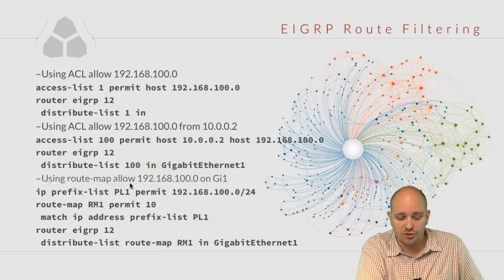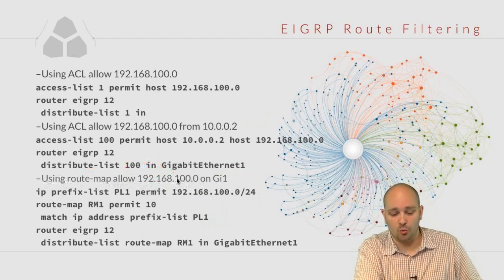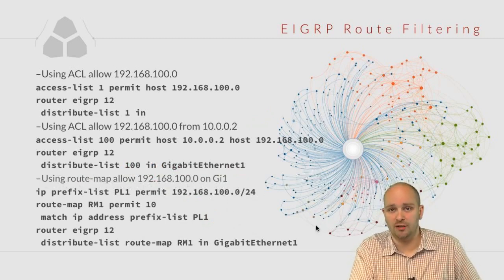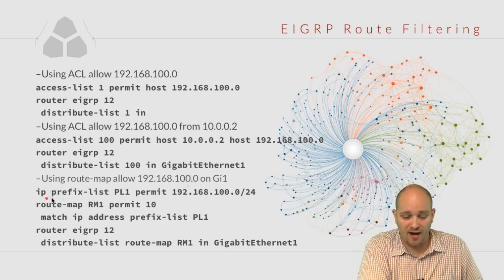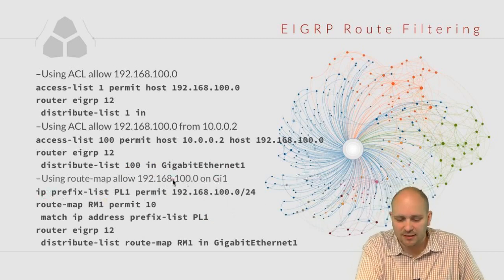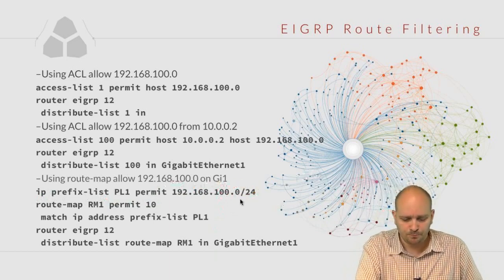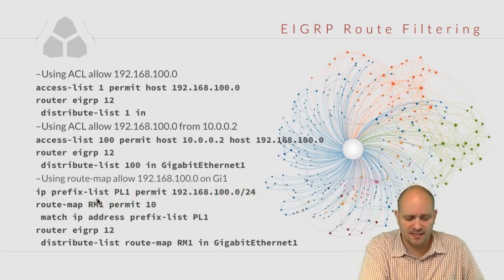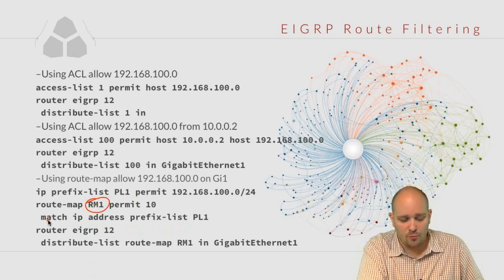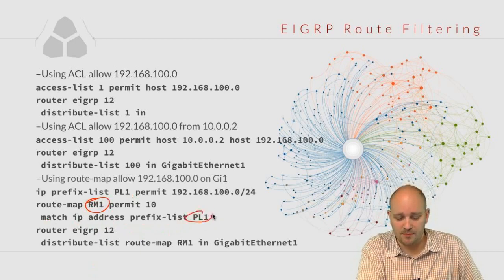Now, what if we wanted to use the route map to allow 192.168.100 on gigabit 1? We are going to define a prefix list or access list, but prefix lists are more flexible for this purpose because we can actually match the mask with them. So we're going to define the prefix list, we're going to define the route map, we're going to say match IP address prefix list PL1.